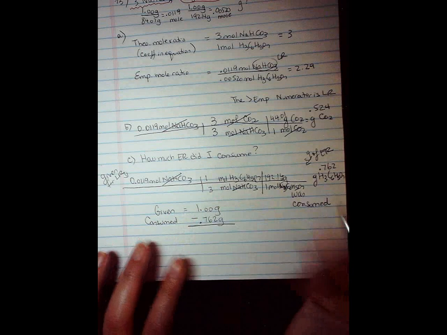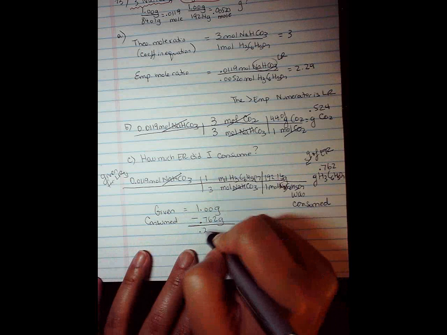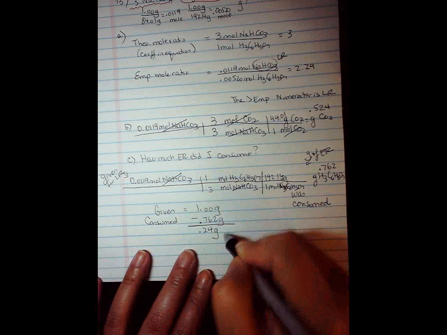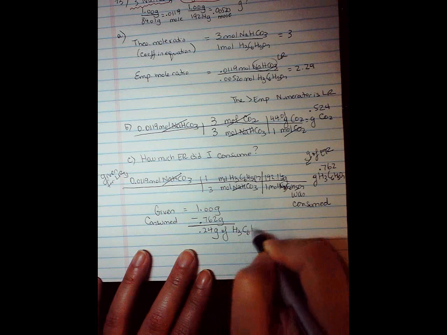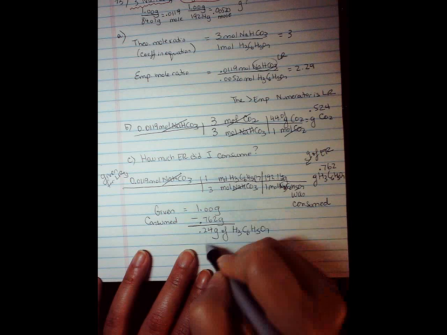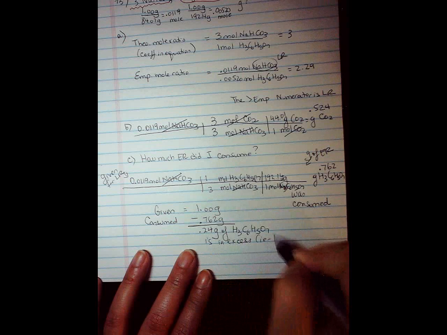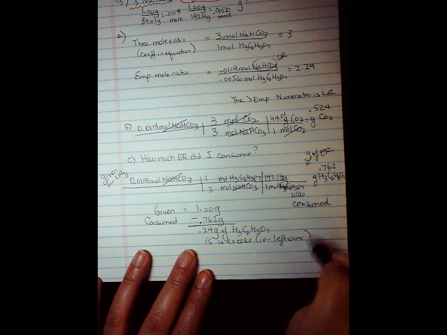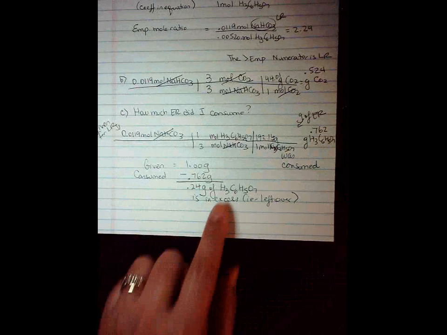And the difference here, and I really should be to 2 decimal places, is 0.24 grams of citric acid in excess, i.e. left over. And so that's how you solve that last part.